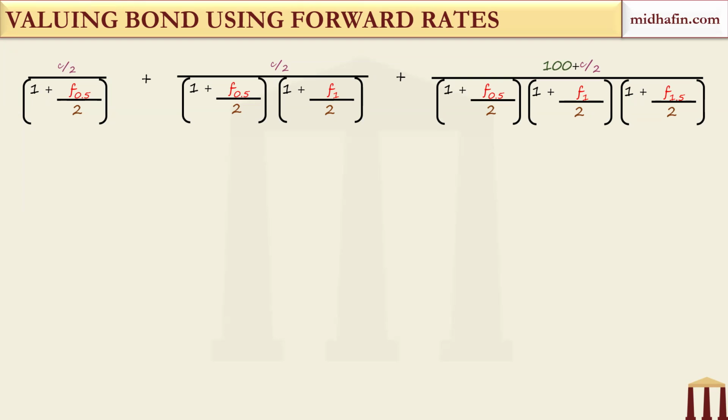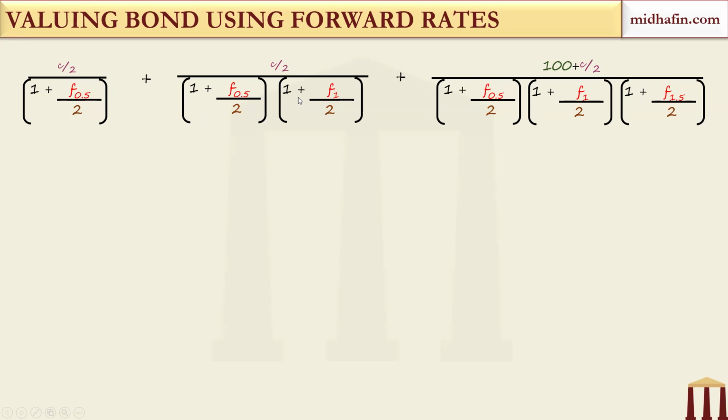I can also say this in a different way: it is the rate for the period starting at time 0 and ending 6 months from now. And this definition is very similar to the definition of forward rate, because forward rate also says period starting at T1 and ending at T2. By this definition, I can say that the 6-month spot rate is the same as the 6-month forward rate. Okay, so the first forward rate is actually the spot rate only.